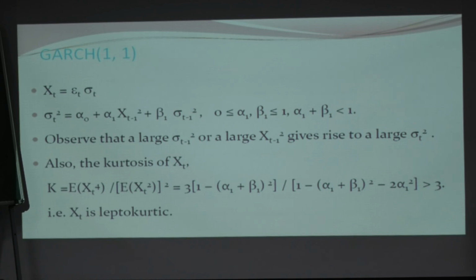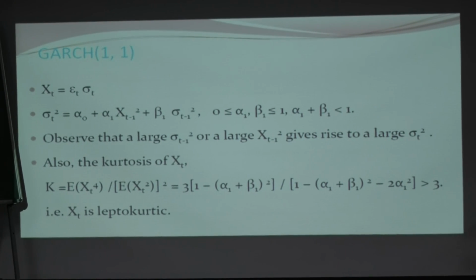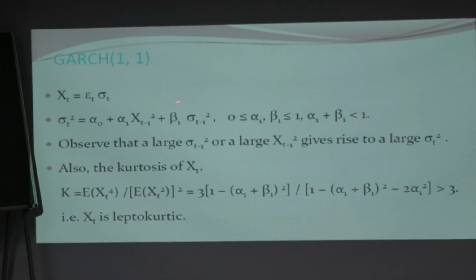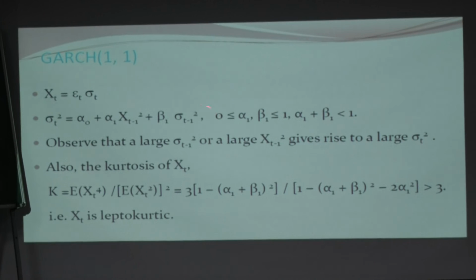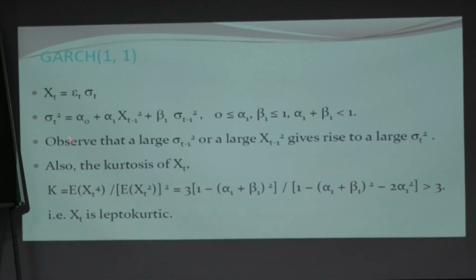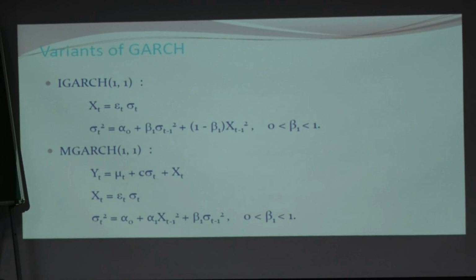Yesterday you had a large value, today you are going to get a high variance. Okay, so it depends not only on this component here, it also depends on what has happened, the volatility yesterday. So it's a generalization, and this generally gives you a better model like the ARMA instead of the AR. Okay, and the procedure is absolutely similar.